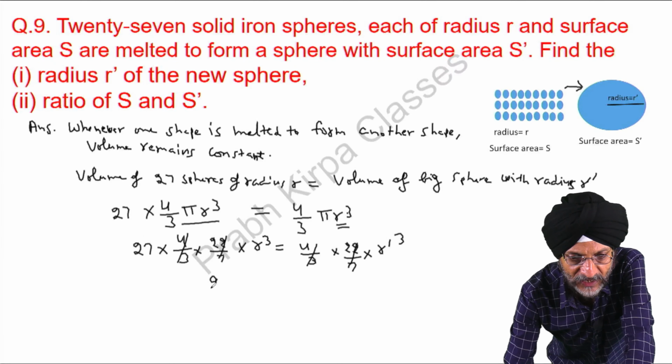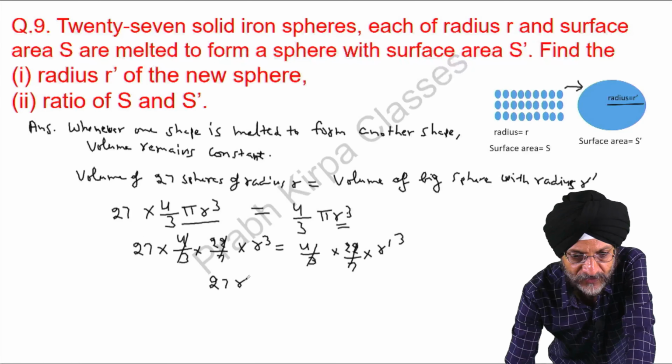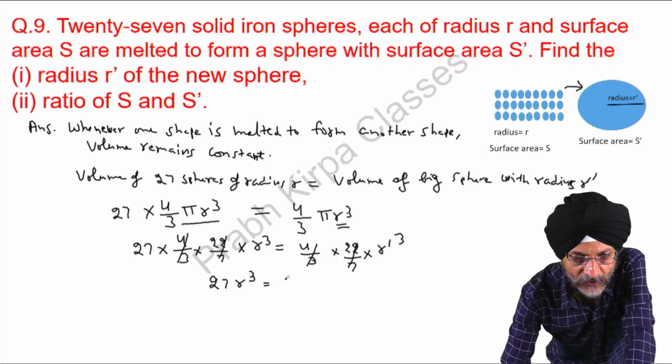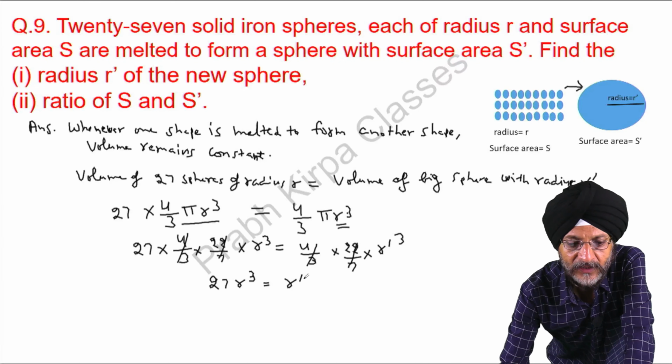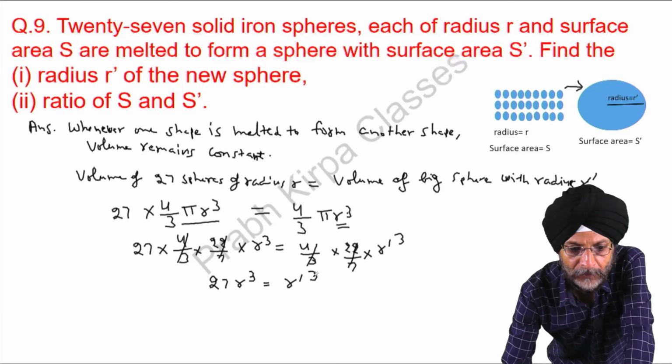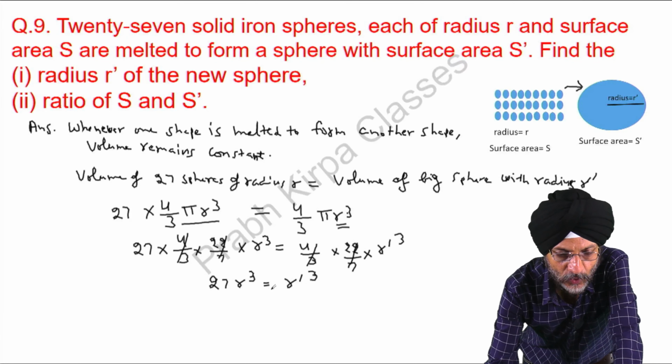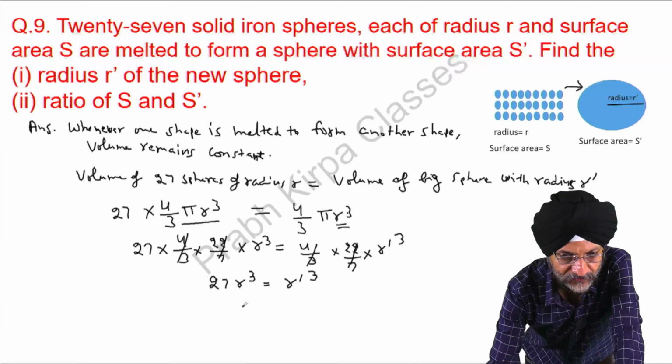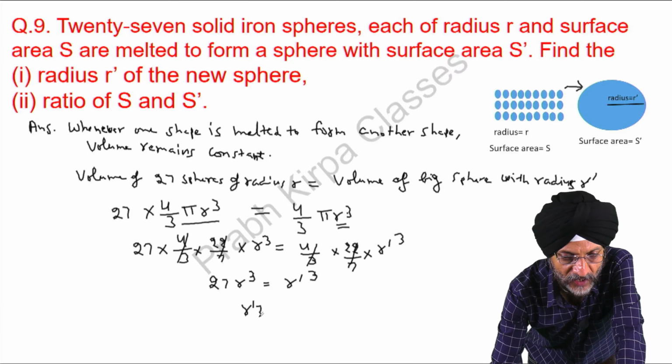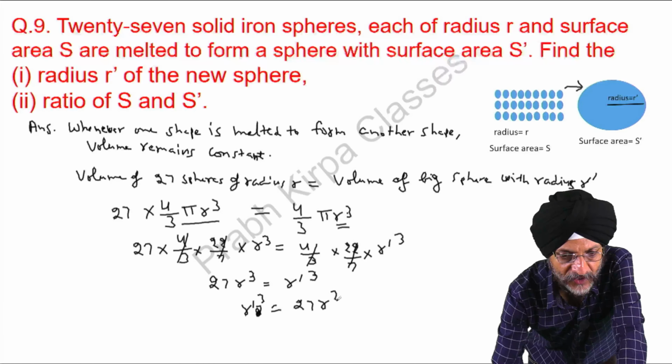So what is left is 27 r cube is equal to r dash cube. So r dash cube is equal to 27 r cube.